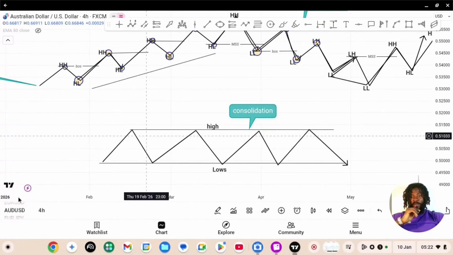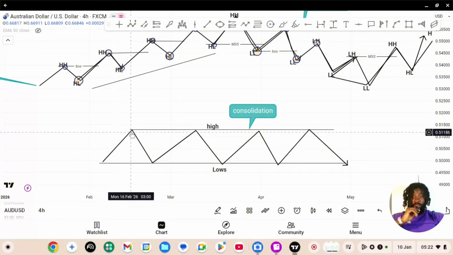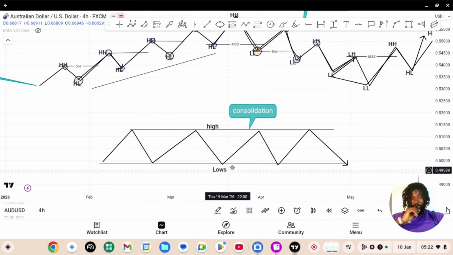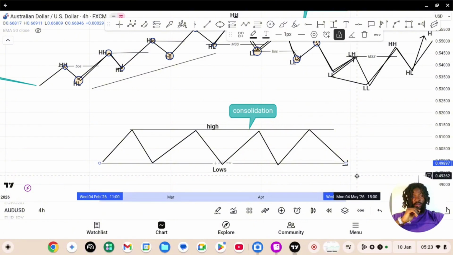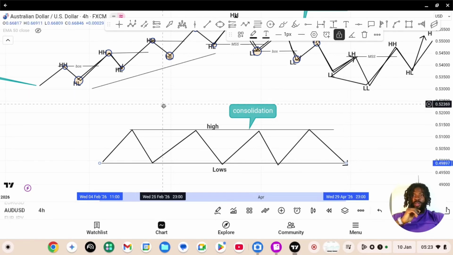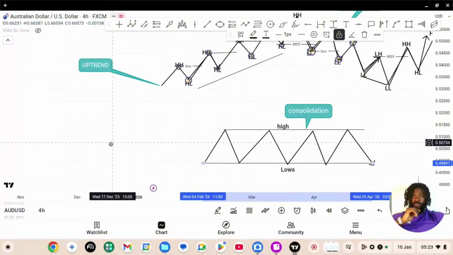When the market is consolidating, it will be pushing to resistance, coming back to the support, going back to the resistance, coming back to the support continuously until the market gives us a break, maybe upward or downward. So that will give us a clear direction of the market. Now let's go to the charts and look for a practical example.